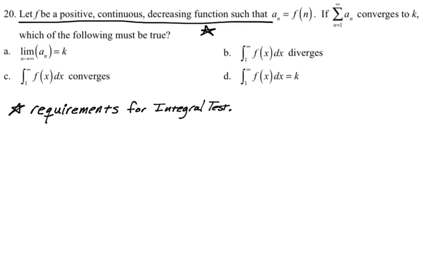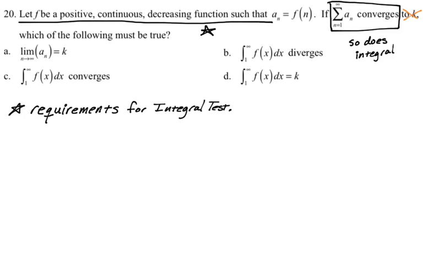If the sum of a sub n converges to k, which of the following must be true? All right, so I think this question is trying to get at one of the misconceptions about the integral test. We are told that this converges, and that just means that the integral converges also. What it doesn't mean is that the integral converges to k. We don't know that.